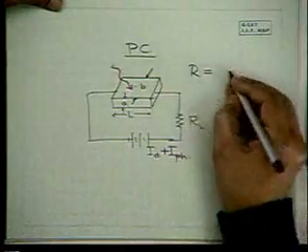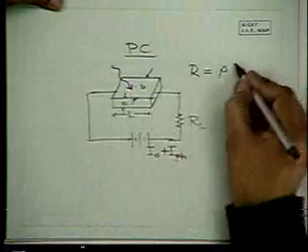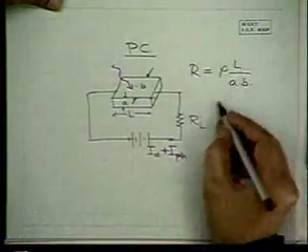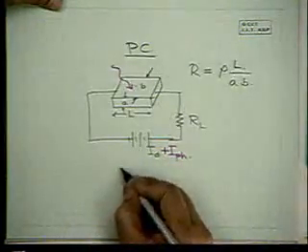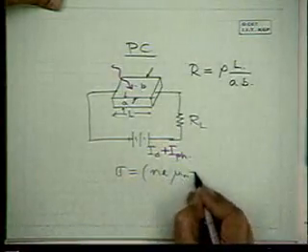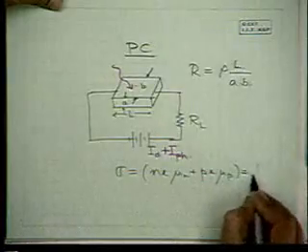Resistance of the sample is just rho L by A times B, and sigma is obviously n e mu n plus p e mu p, which is 1 by rho.